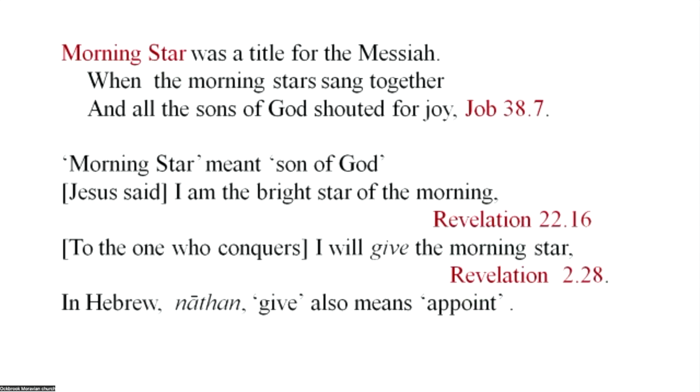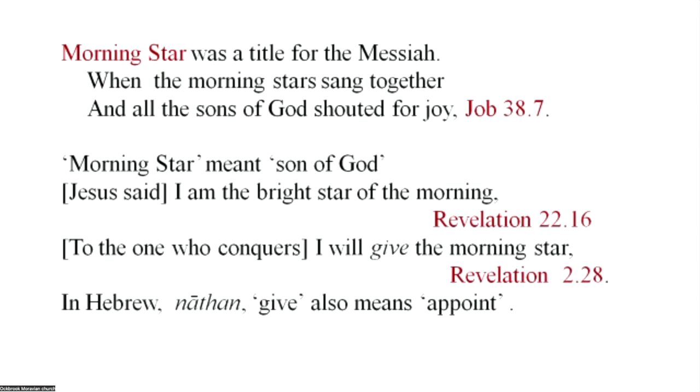And then that letter in Revelation chapter 2, the promise to the faithful Christian, to the one who conquers. And then the English translation says, I will give the morning star. That's what the Greek says. But if you go back to the Hebrew, which clearly underlies the book of Revelation, bits might have been Aramaic, but I would vote for Hebrew most of the time.